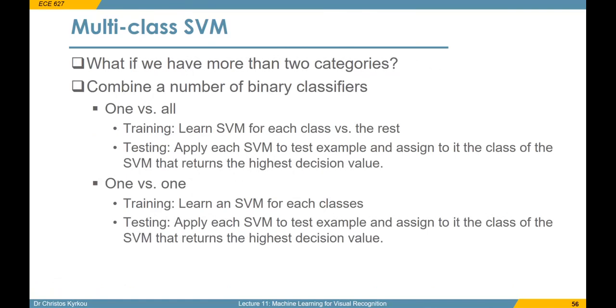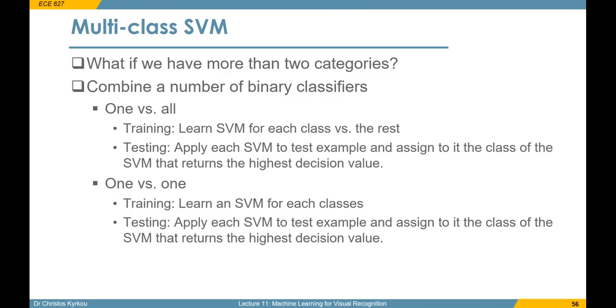The final question we have to answer is: what happens when we have more than 2 categories? There's no easy answer. As we saw with the linear classifier, what we basically have to do is train multiple SVM classifiers. We can follow 2 different strategies. First, the one versus all strategy, where we train for one class versus all the others, or train for every pair of classes.